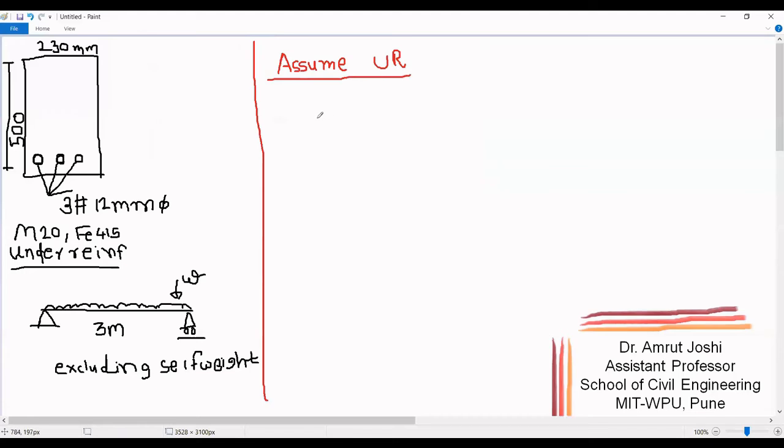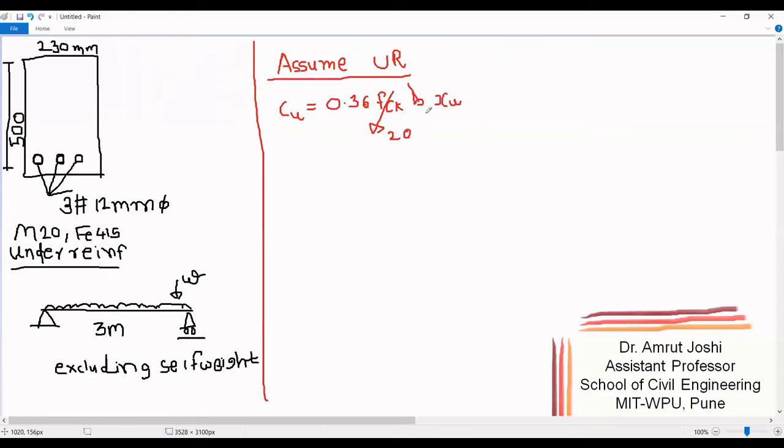If beam is under reinforced, I know Cu will be equal to 0.36 fck b xu. The value of fck here is 20.